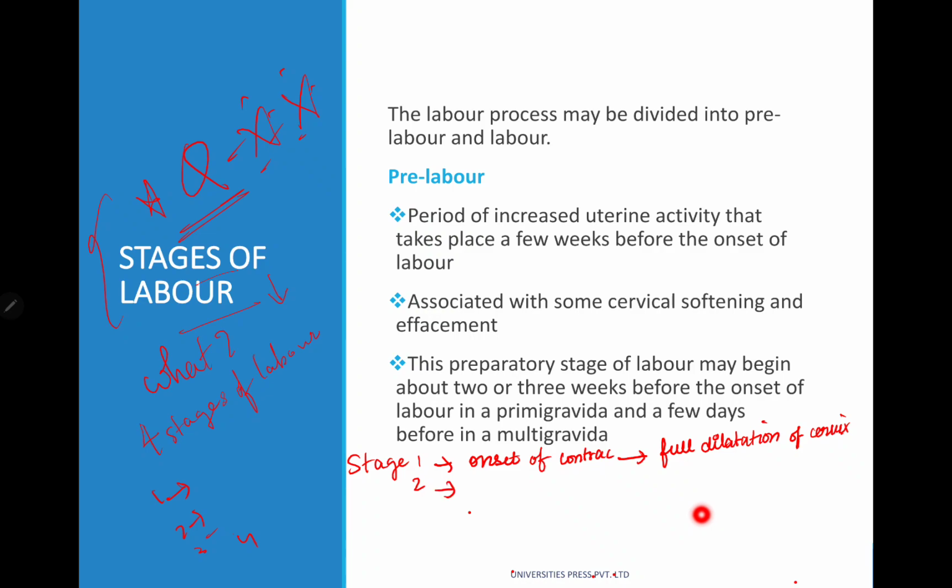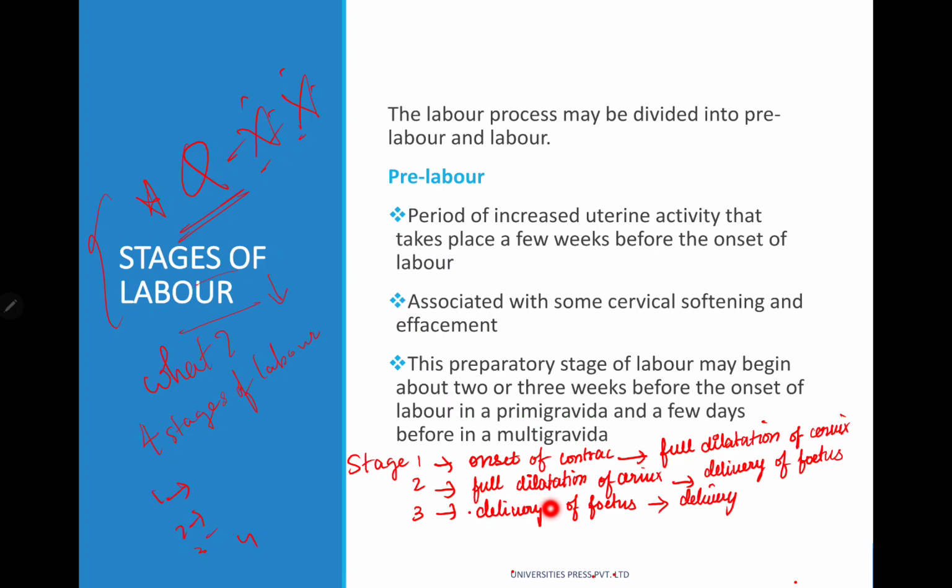Stage 2 is from the full dilatation of the cervix till the delivery of the fetus. Stage 3 is from delivery of the fetus to delivery of the placenta.